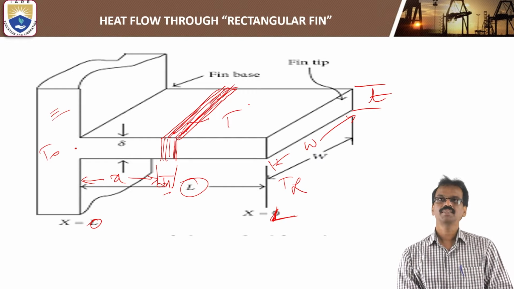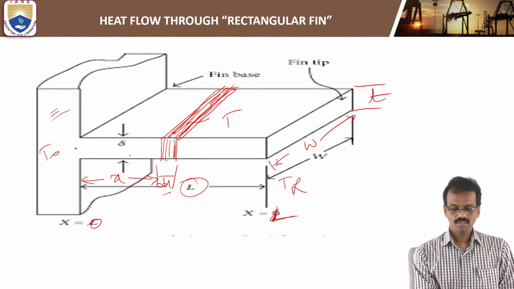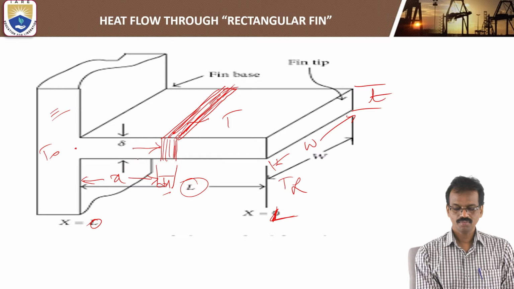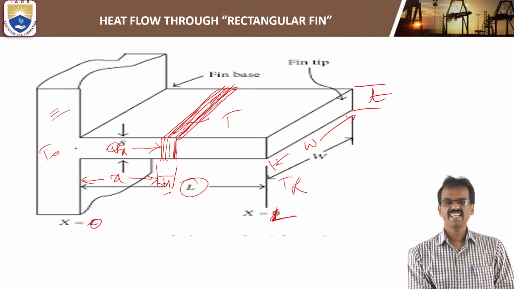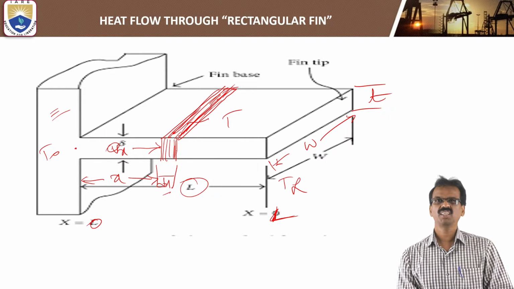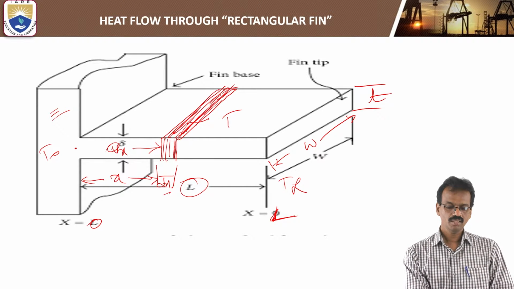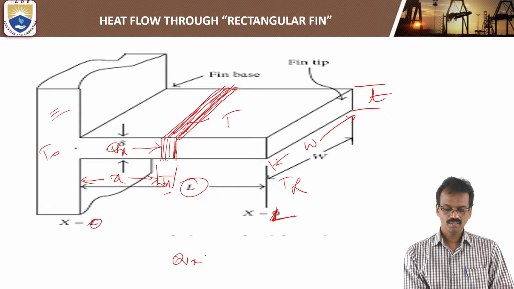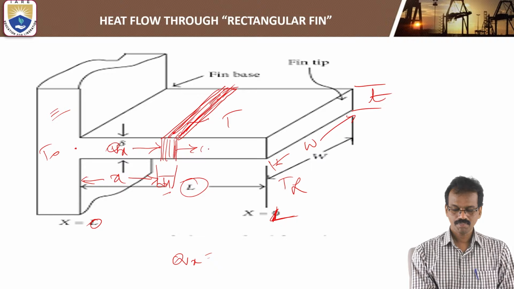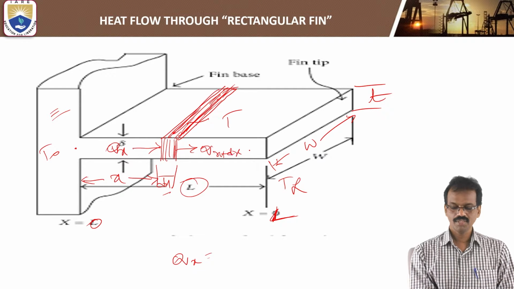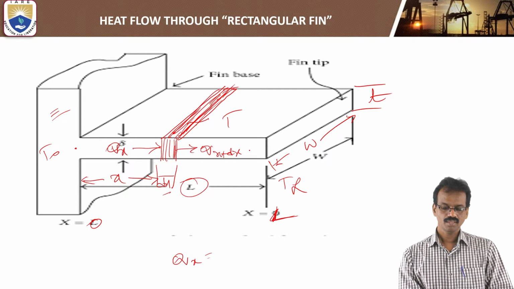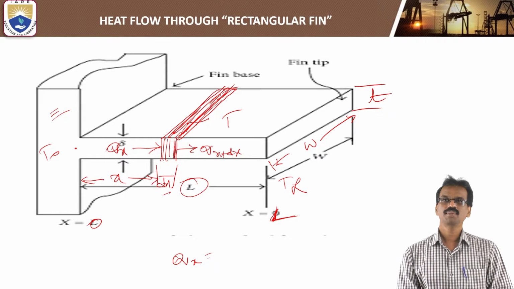Here, the rate of heat transfer Qx is the entering heat into the small elemental area. Then Qx plus dx is the leaving rate of heat from the small elemental area.